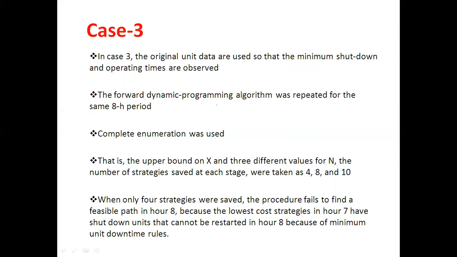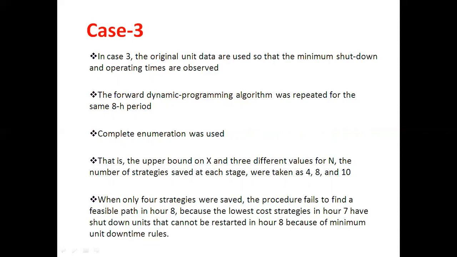The forward dynamic programming algorithm was run for the same interval load pattern, and we use the concept of complete enumeration that we used in our second case. That has the upper bound on x and 3 different values for n. The number of strategies saved at each state are 4, 8, and 10.